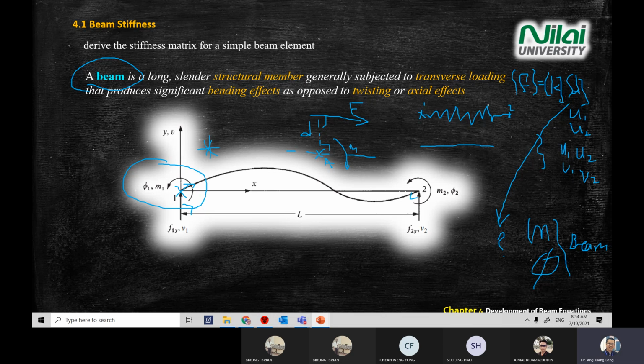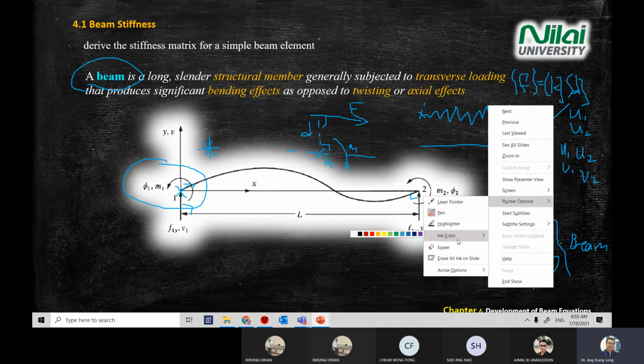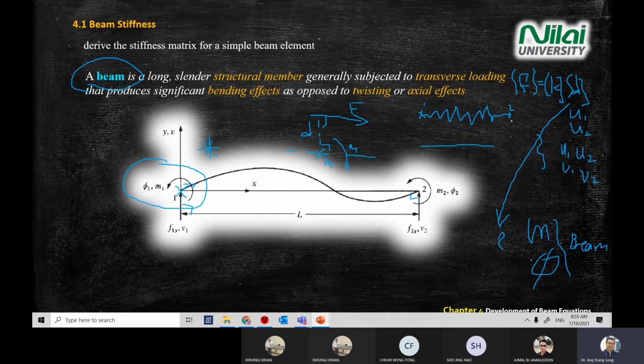Another significant difference between spring and bar is the K. Spring is quite direct, where you have a positive K, minus K, and K. However, for bar, you have AE over L and 1, minus 1, minus 1, 1.